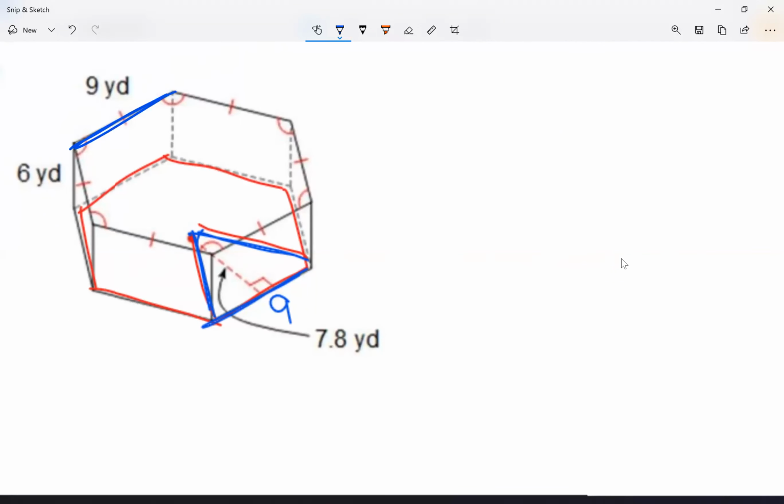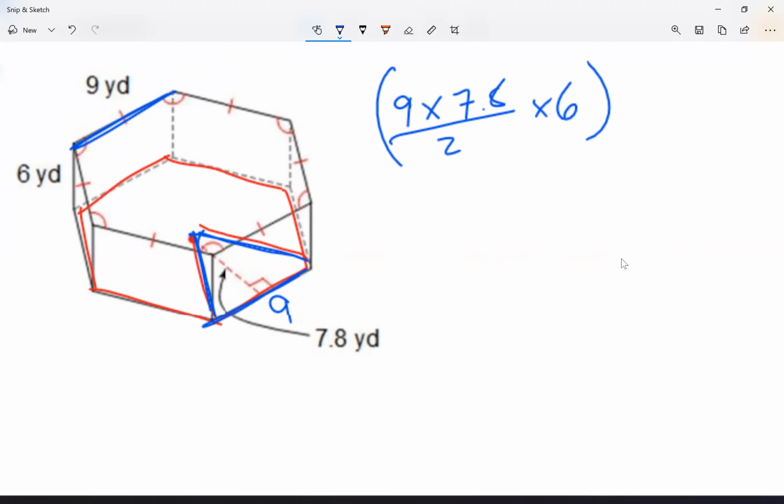I got that from here. Okay, so for that hexagon, what do I have to do? Well, first, let me get my triangle. I'm going to go 9 times 7.8 divided by 2. And then my result, I'm going to multiply by 6 because there are 6 sides. So that's going to be the area of my base.